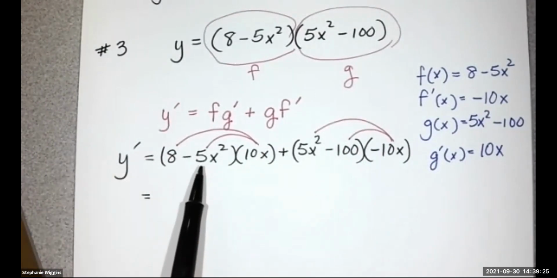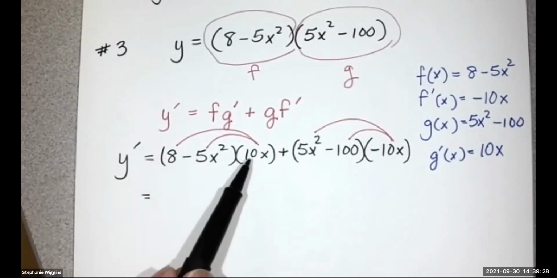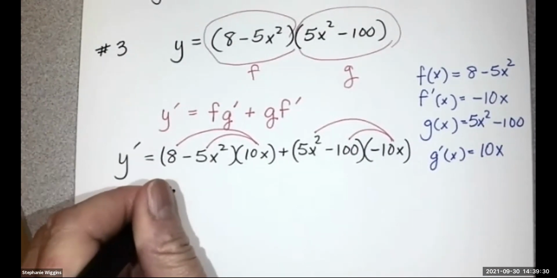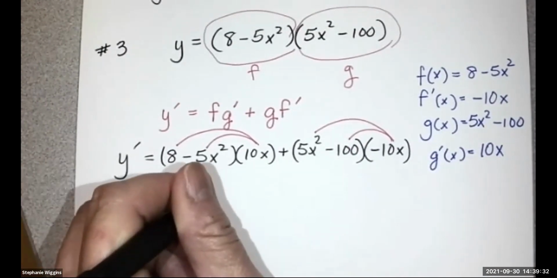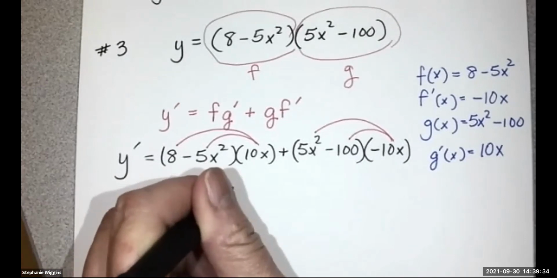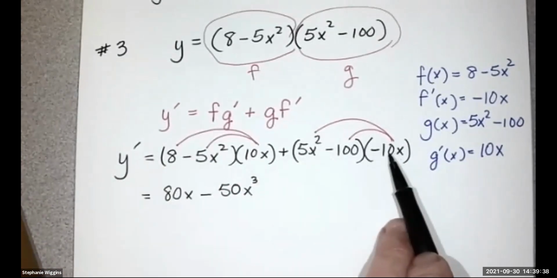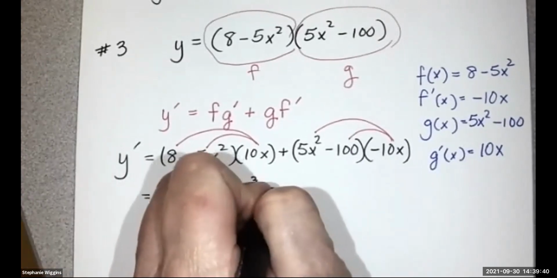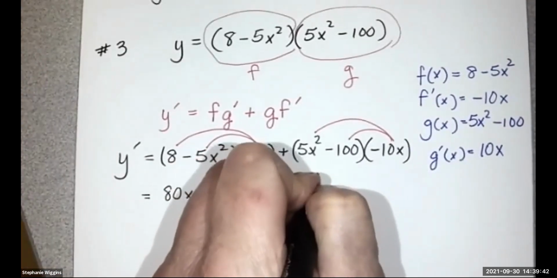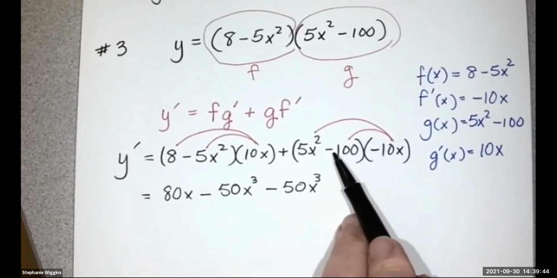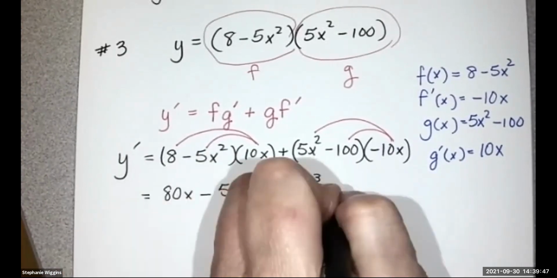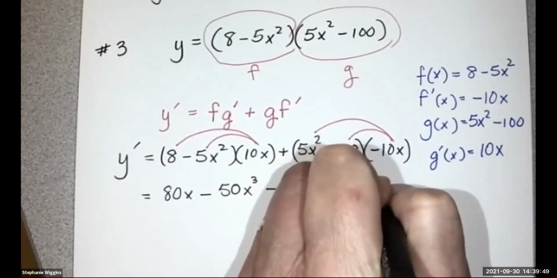Now, so that gives us 80x minus 50x cubed. And then here, negative 10x times 5x squared is minus 50x cubed. And then the double negative here is going to give me plus 1000x.